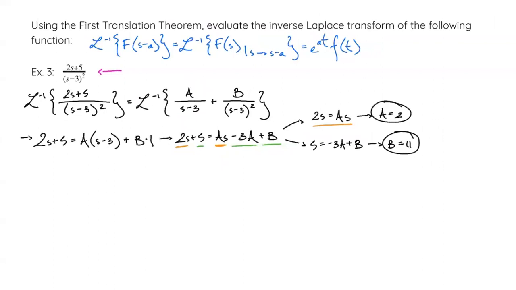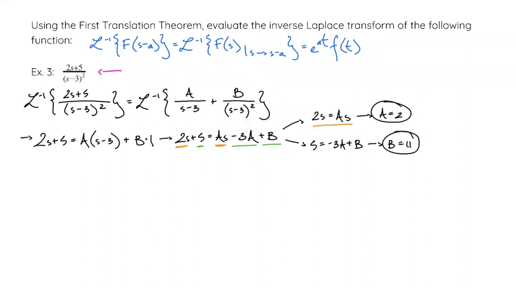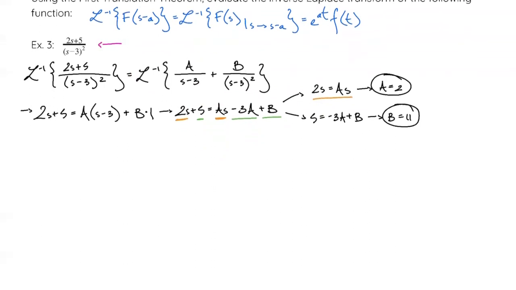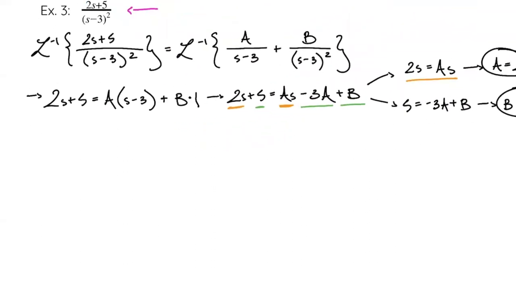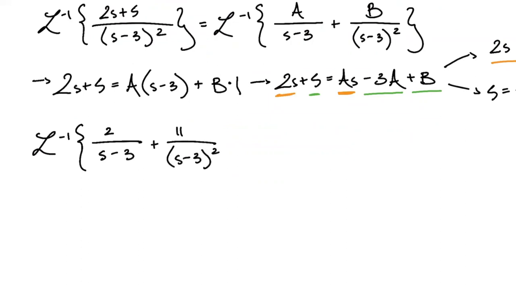So we're able to now write our inverse Laplace as 2 separate fractions that we can now use our table for, okay? And so what we really have here is the inverse Laplace of 2 over s minus 3 plus 11 over s minus 3 squared.